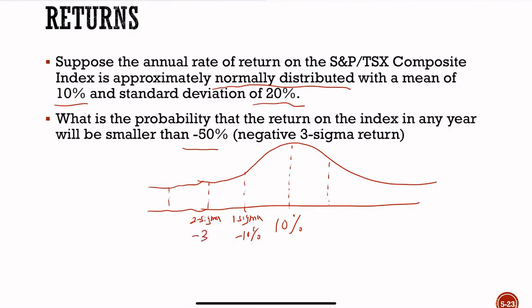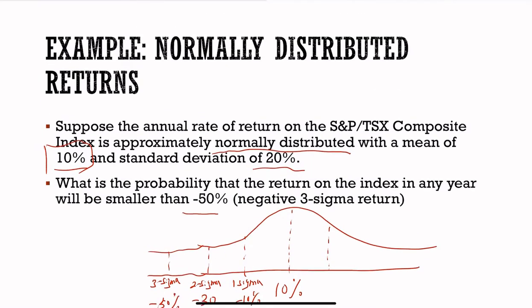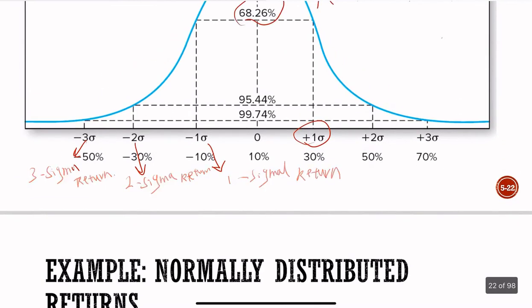So it's minus 30. And then 3 sigma return should be 10 minus 3 times 20%. So it's minus 50%. So what you can see here is we are essentially looking at this guy here, right?